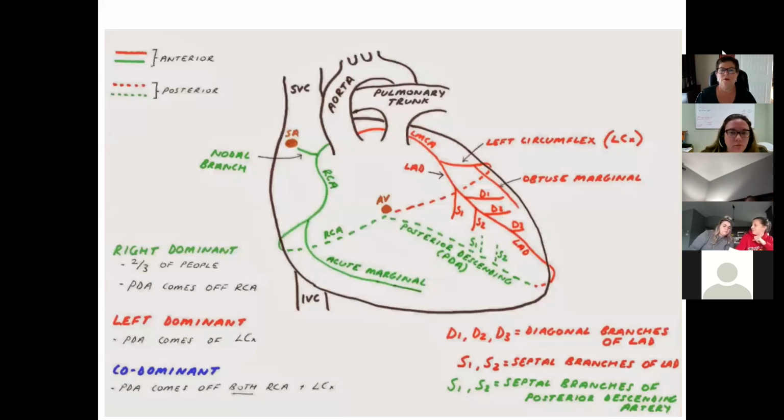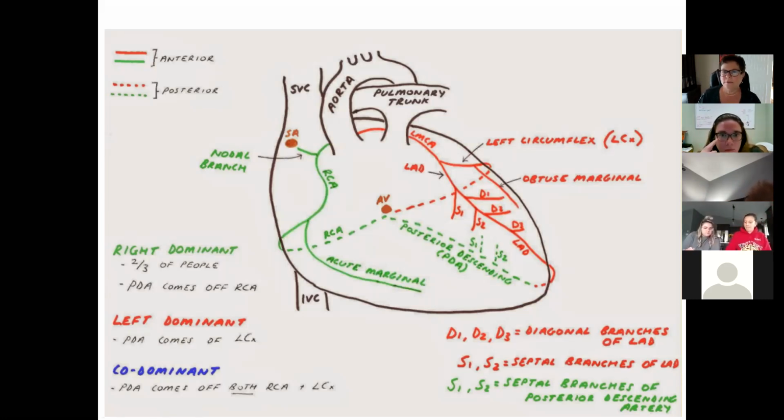So this is a bad drawing, but you get the message. When we look at coronary circulation, you have to understand coronary circulation, because then an ECG makes more sense to you. So this is a patient who is right dominant, and about 85% of our population is right dominant. And what does that mean?